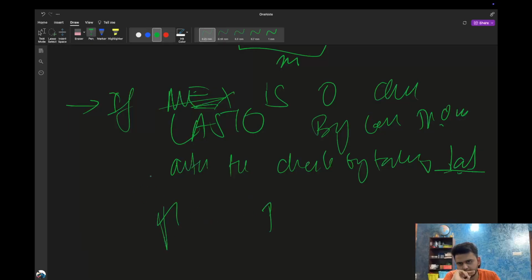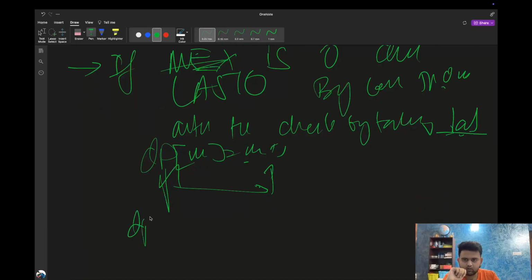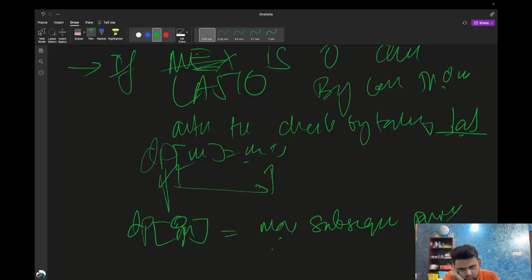So I take m plus 1. dp of i is max subsequence prefix with max up to now is v of i, so new is v of i plus 1.